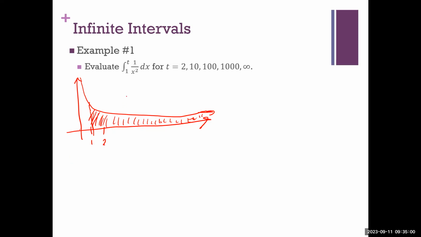So let's evaluate this integral, the integral from 1 to 2 of 1 over x squared. What is the integral of 1 over x squared? Negative 1 over x.